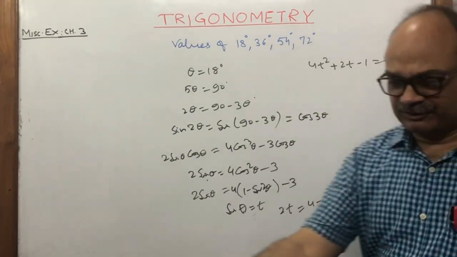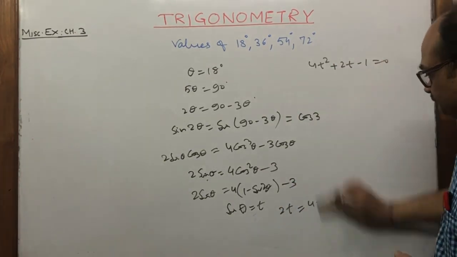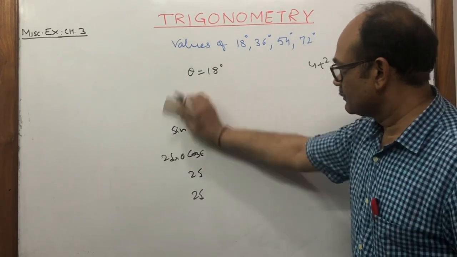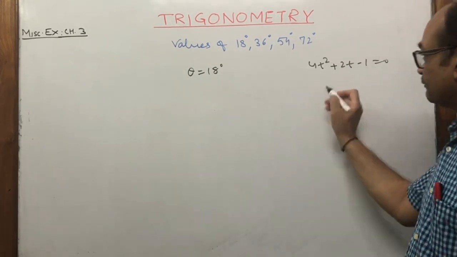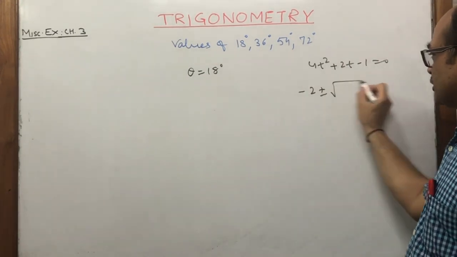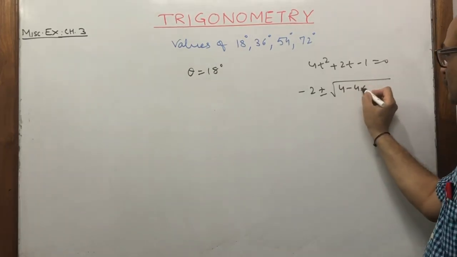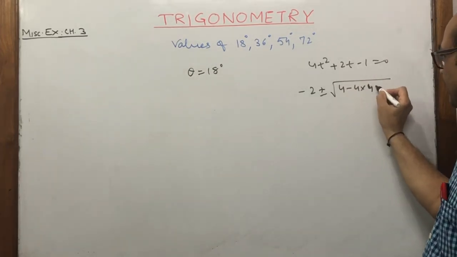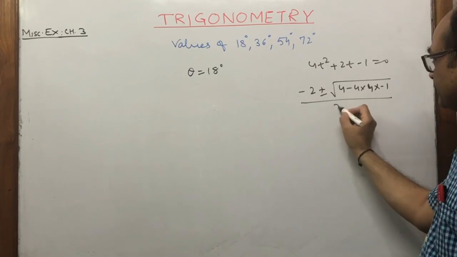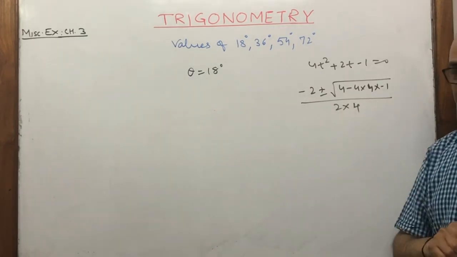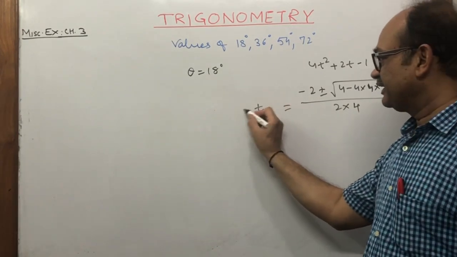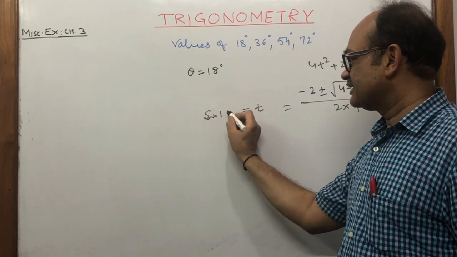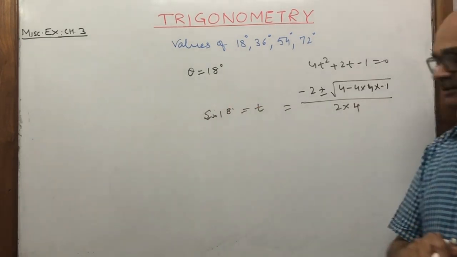It's a quadratic equation, simple quadratic equation. How do we solve it? Minus b plus minus under root b square minus 4ac, divided by 2a. This is t, and t means sine theta, and sine theta means sine 18.